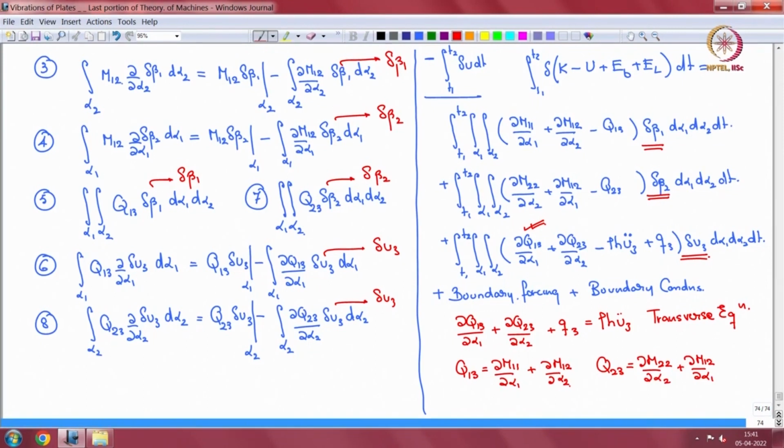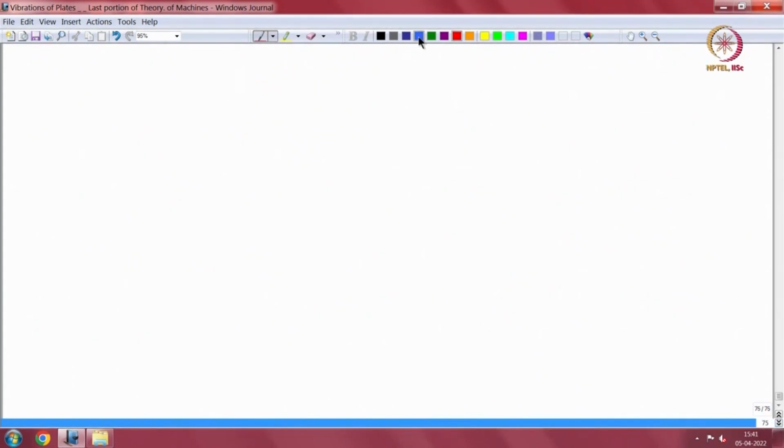Now let's look at m11. M11, as our definition says, is the integral of sigma 11 into alpha 3 d alpha 3.